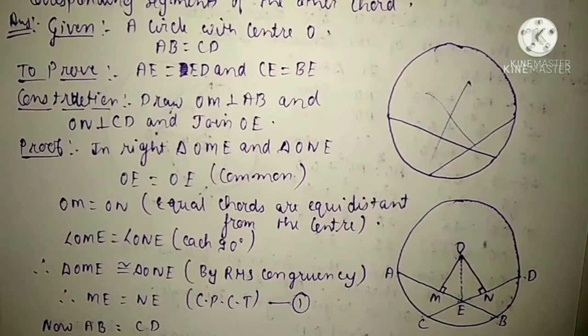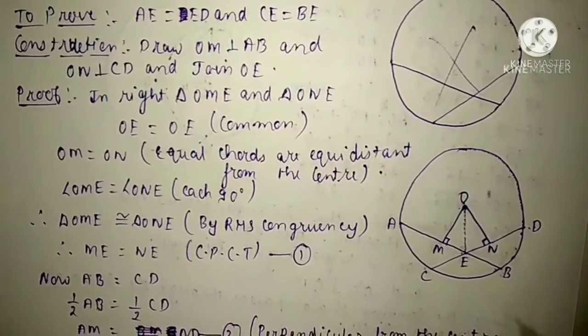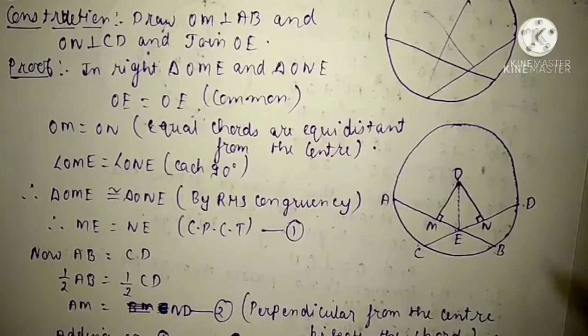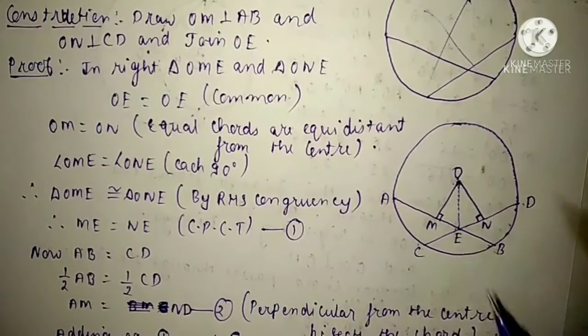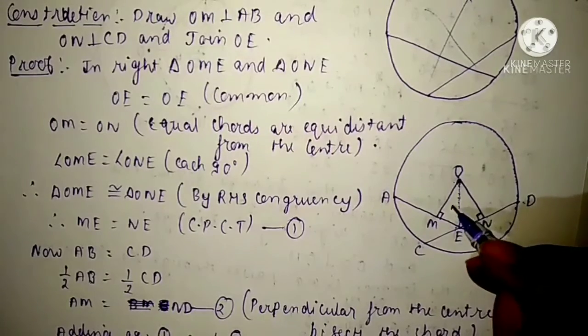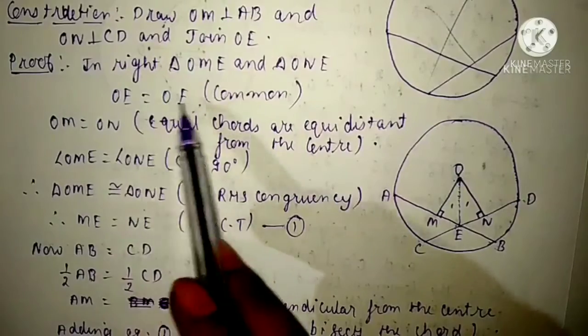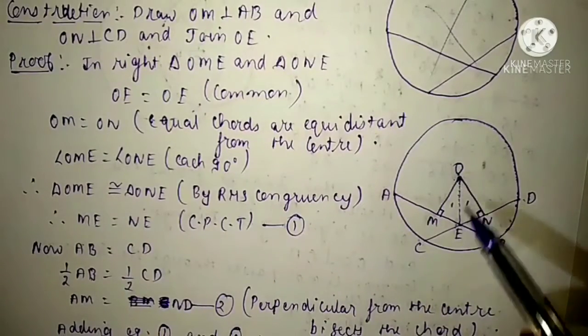Now let's see the proof. In right triangles OME and ONE, first of all OE is equal to OE, this OE is common.